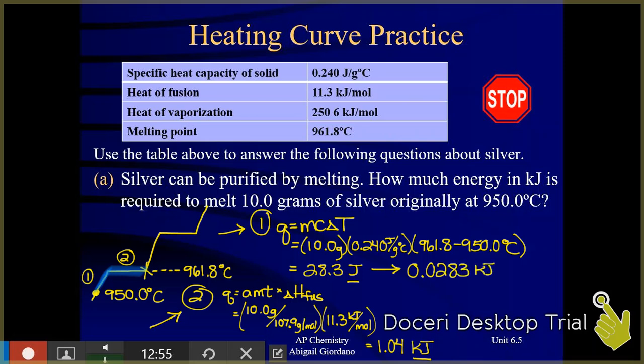And now I can add them together, and round. So if I take these two numbers and I add them together and round to 3 significant figures, here is my final answer. 1.08 kilojoules. Okay, so that's the total amount of energy to not only warm up the solid, but to melt that silver.